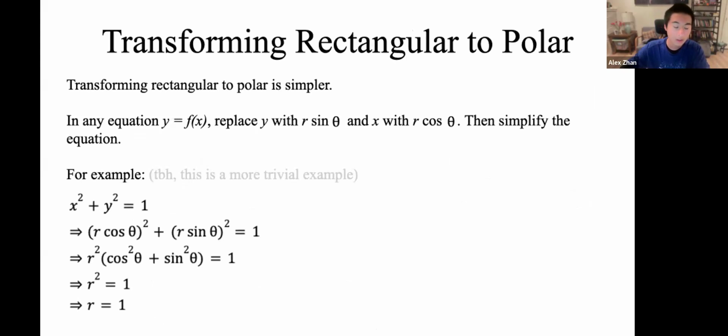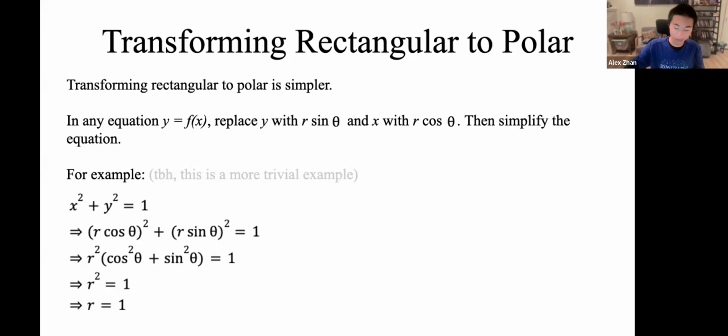Converting between polar equations and rectangular equations is pure algebra. You'll probably see a lot of problems like these in precalculus. They might ask you to convert between polar and rectangular equations.